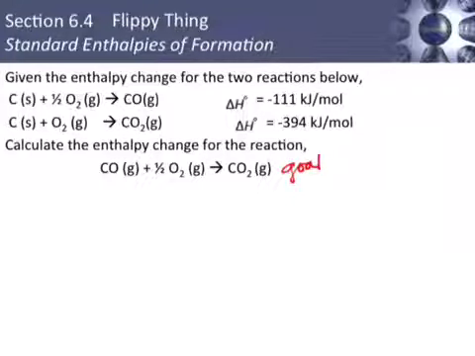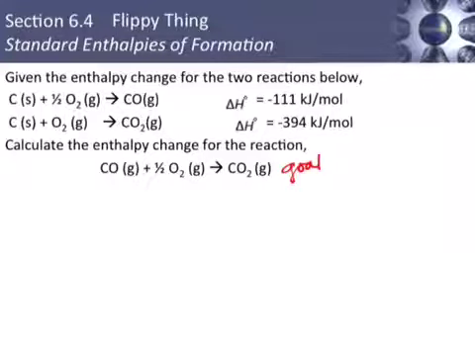We have these heat of formations for these two reactions, and we need to take these reactions and manipulate them to get our goal, and then figure out what the delta H is going to be at the end. So the very first thing, this should not be new to you. We've manipulated equations before. How can I take those two equations and make my overall goal?